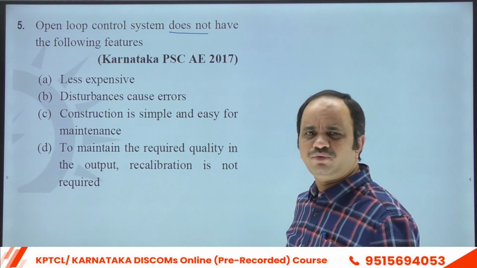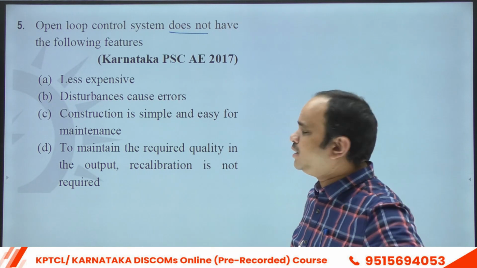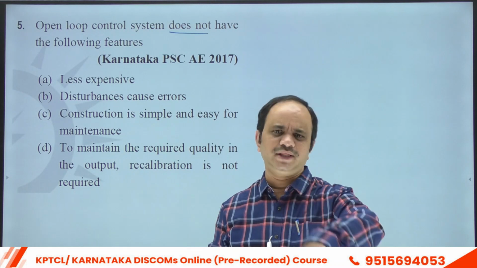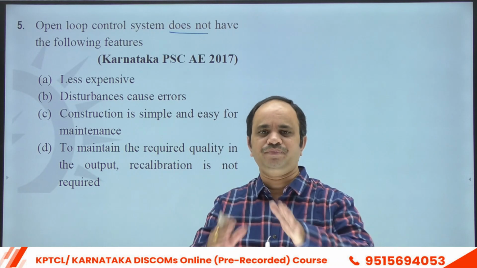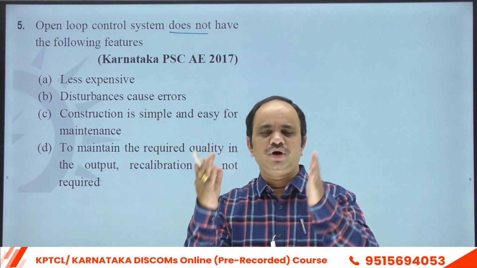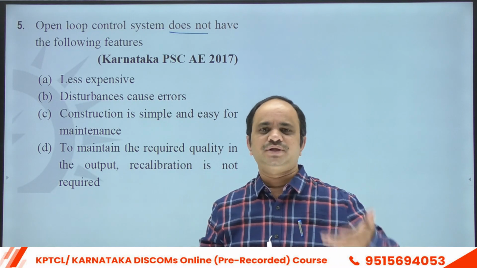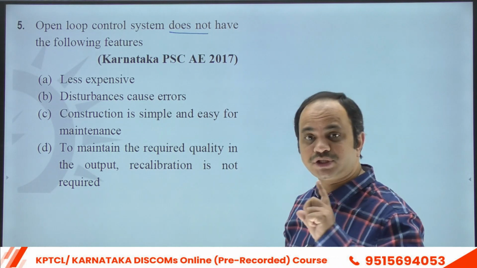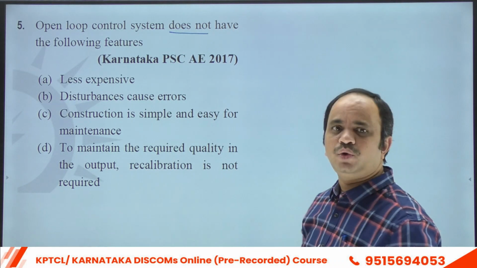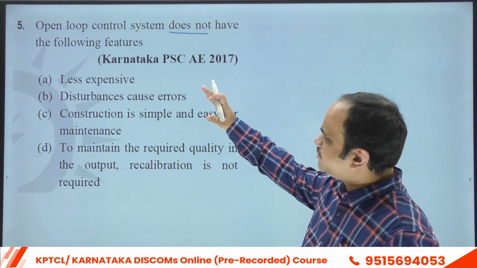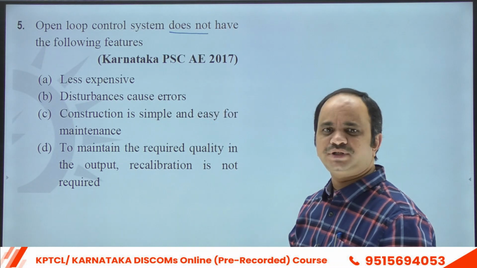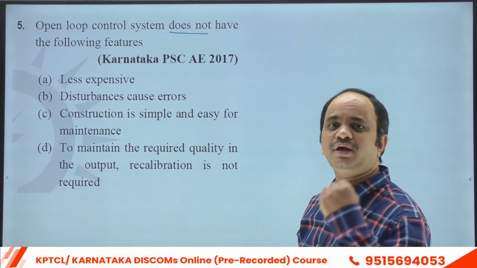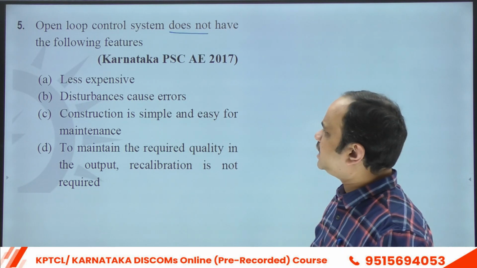Mostly we prepare the properties, advantages and disadvantages of a given system or concept. But in this type of question, 'does not have the following features' means that out of the 4 options, 3 are definitely properties of the open loop system. First let us figure that out.